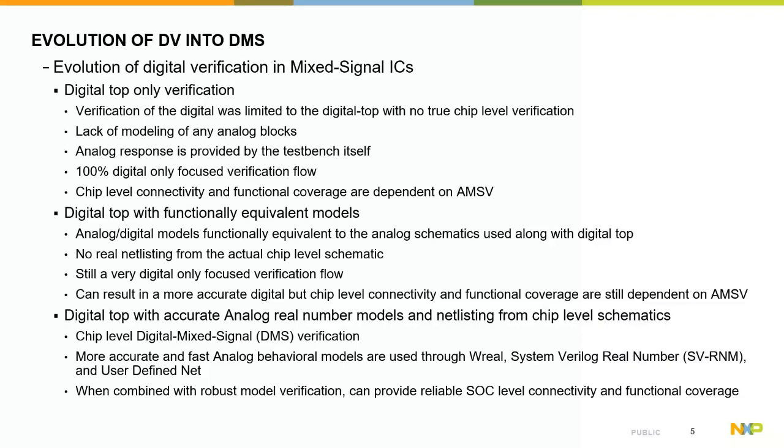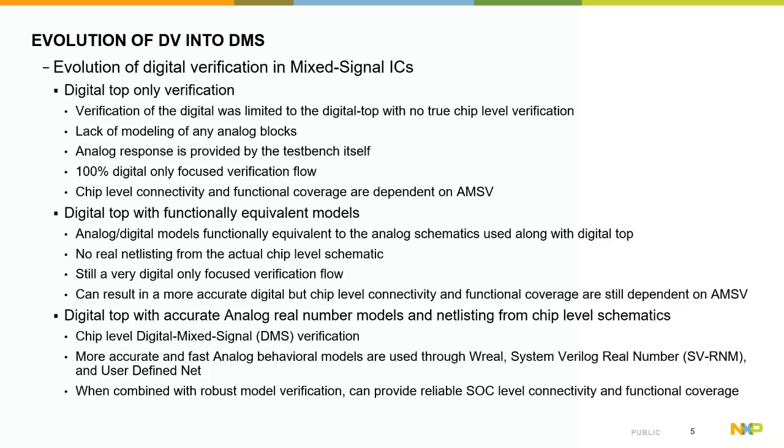Basically with that, all the chip level connectivity and the functional coverage were dependent on AMS verification. And from there, one improvement was using digital top verification along with functionally equivalent models, where there is some kind of modeling for the analog, but still there is no one-to-one correspondence between the analog schematics and the models that we were using.